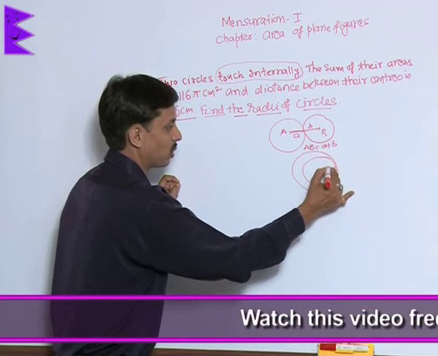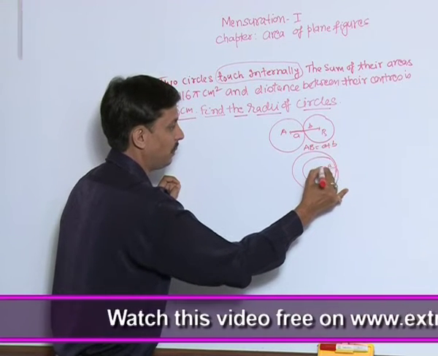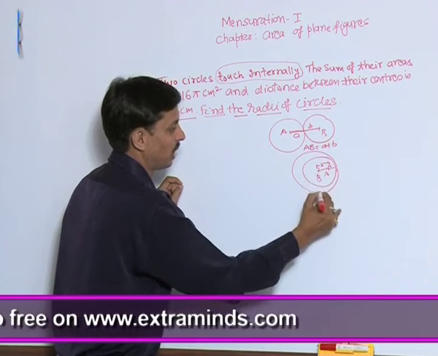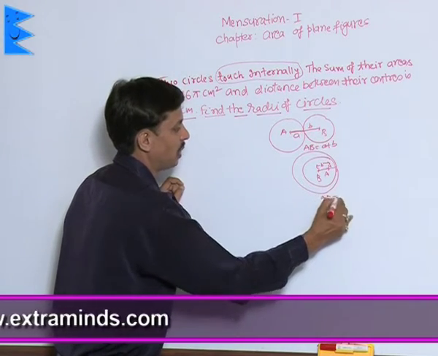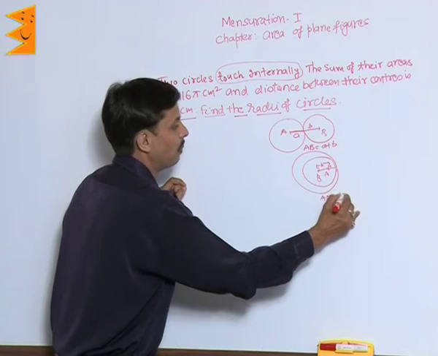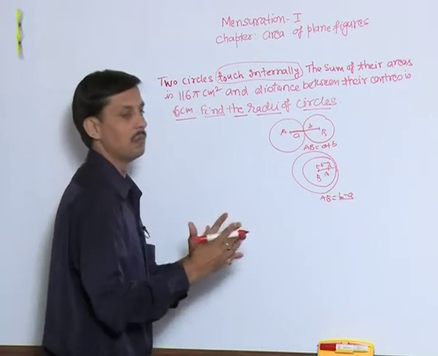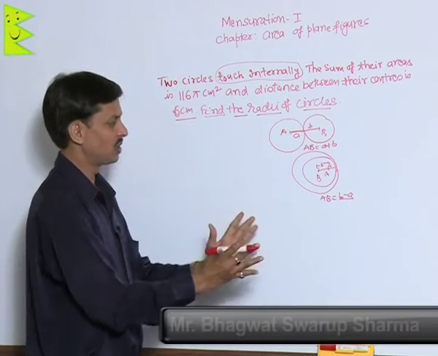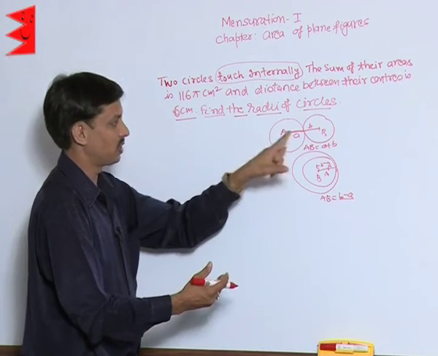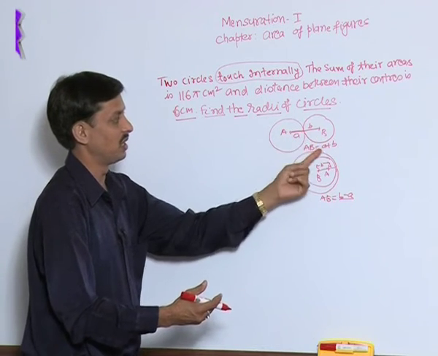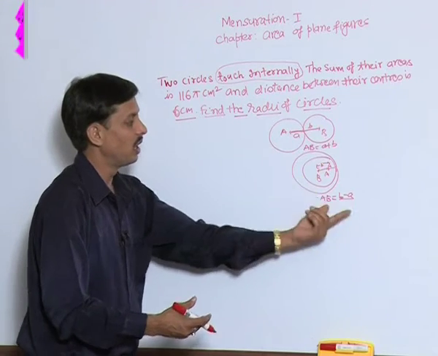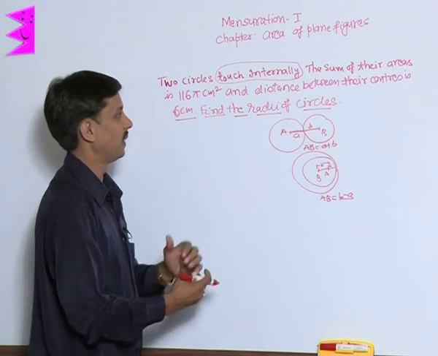Suppose the radius of the small circle is A and the radius of the bigger circle is B. Now the distance AB, the distance between the centers when two circles are touching internally, will be given by B minus A. So the first thing you need to remember is that when two circles touch externally, the distance between their centers is the sum of the radii, and when internally it is the difference of the radii.